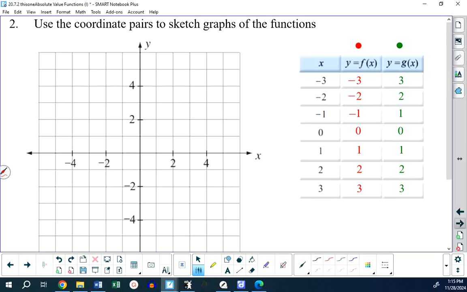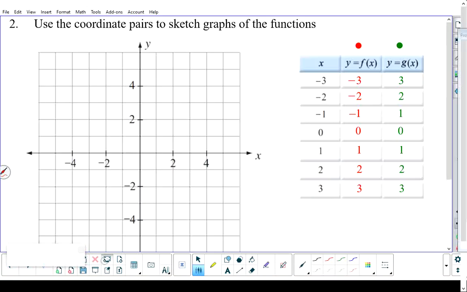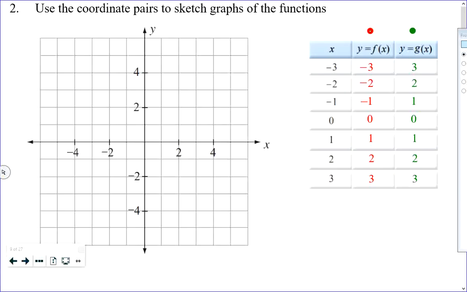If I plot some points to help us out here, 0, 0, 2, 2, 4, 4. They don't have to be points from our data table. That's not what's important. In fact, I hope you agree you don't need a data table to know what this graph looks like.